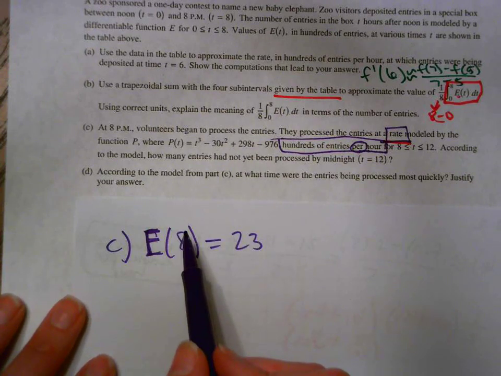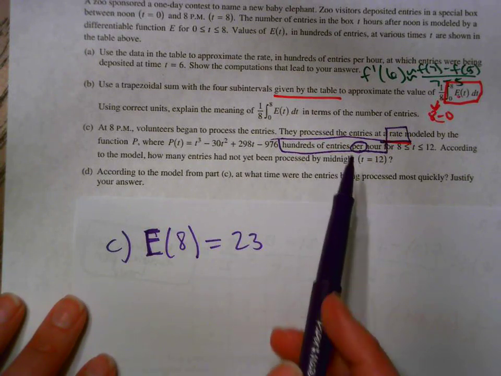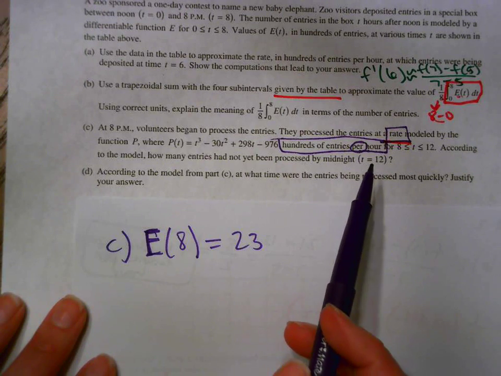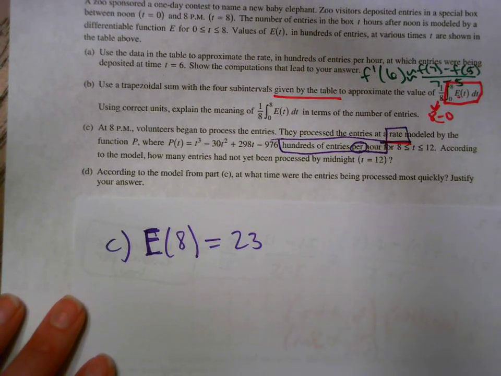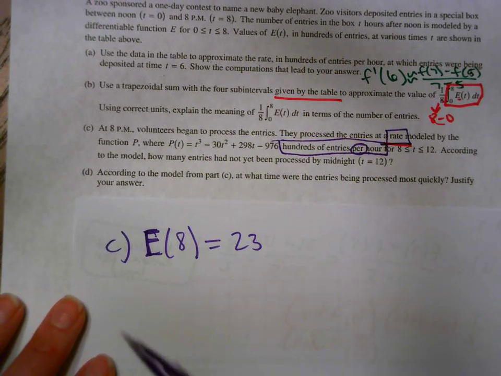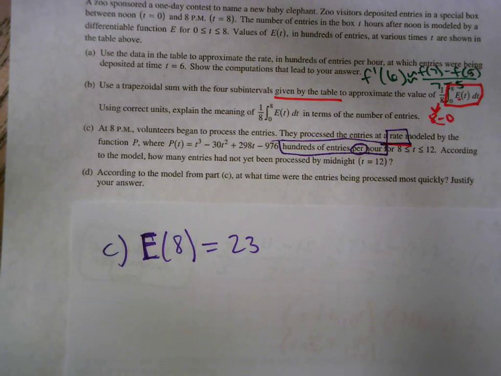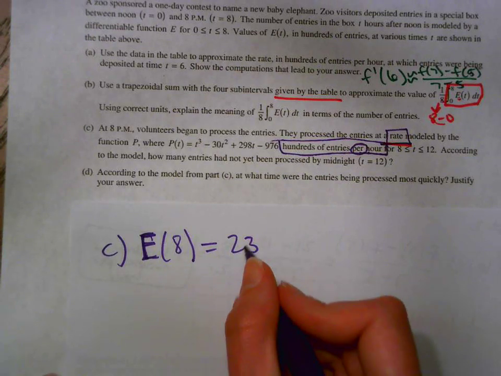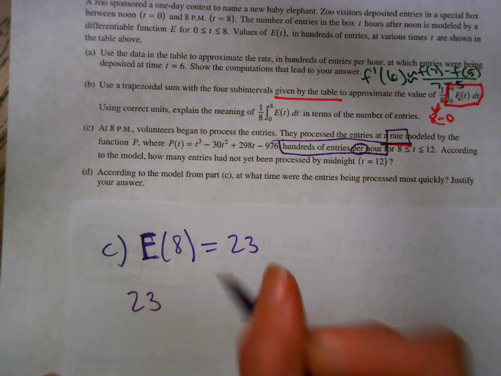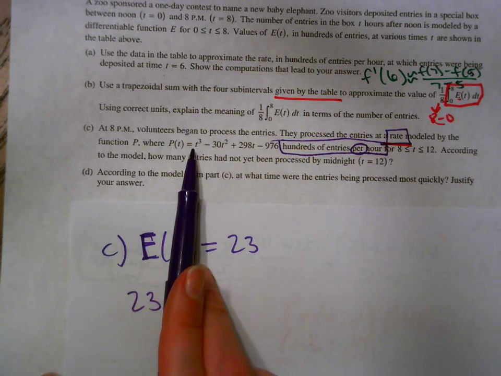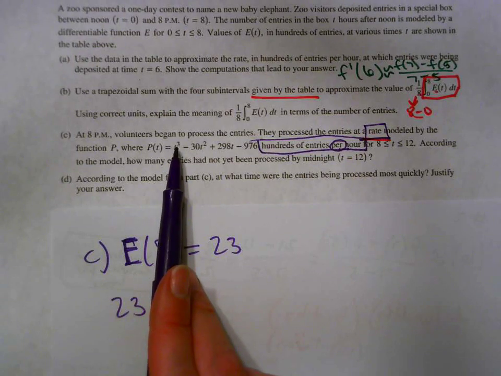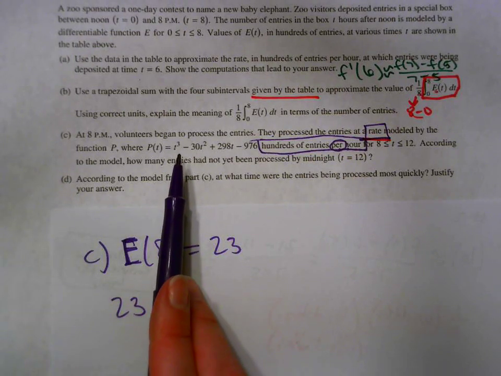So how do we know how many they've processed? You integrate your rate, right? So we're going to take our initial condition. Now let's think, if we're processing them, then it's kind of like an out rate.